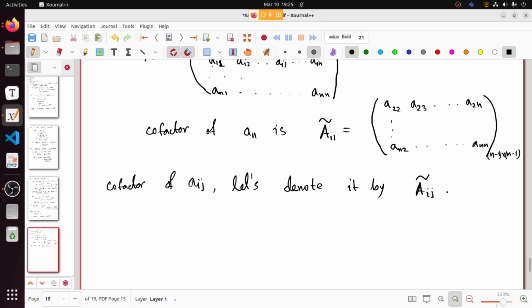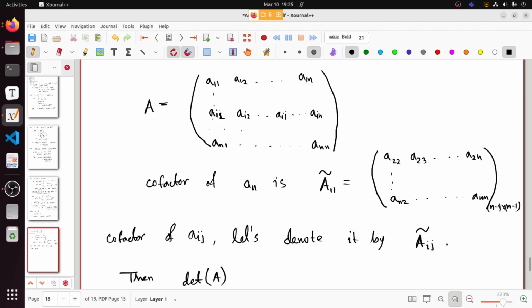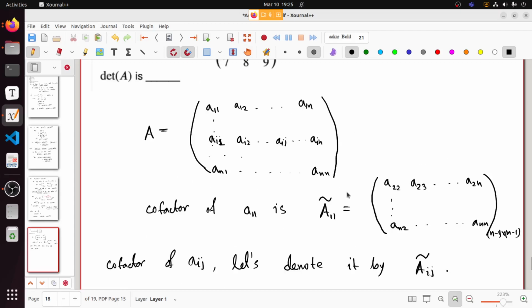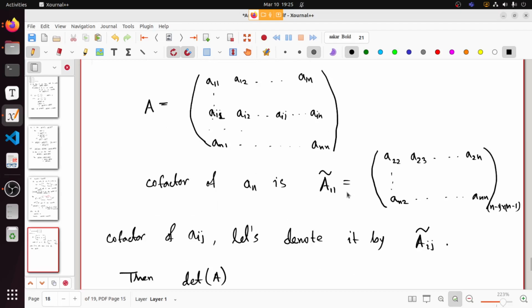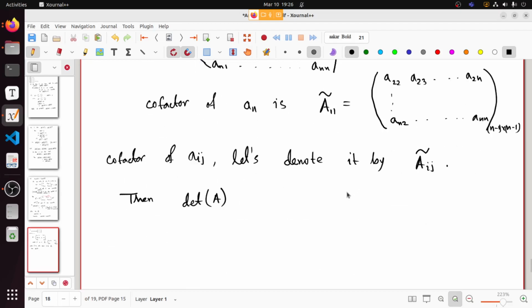Then what is the determinant of A? So this is an n minus 1 cross n minus 1 matrix, and you know that for a 1 cross 1 matrix the determinant is the same as its entry. This is by induction. So let me write it out, then let me explain. With respect to any row, you have to expand it.